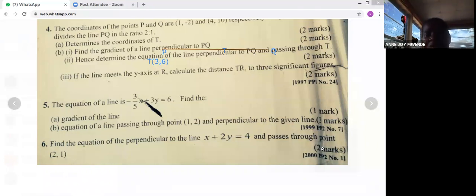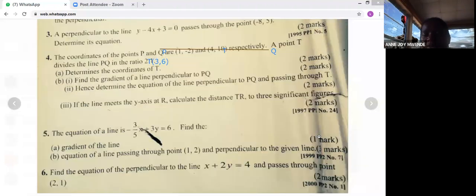Hence, determine the equation of the line perpendicular to PQ and passing through T. If the line meets the y-axis at R, calculate the distance TR. I'm giving you only 4 minutes to do the question. Then we discuss it.